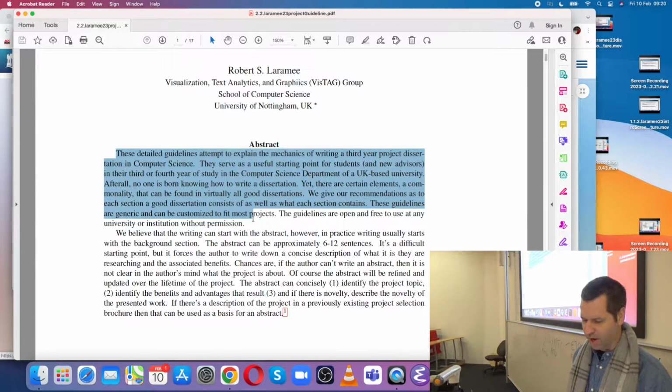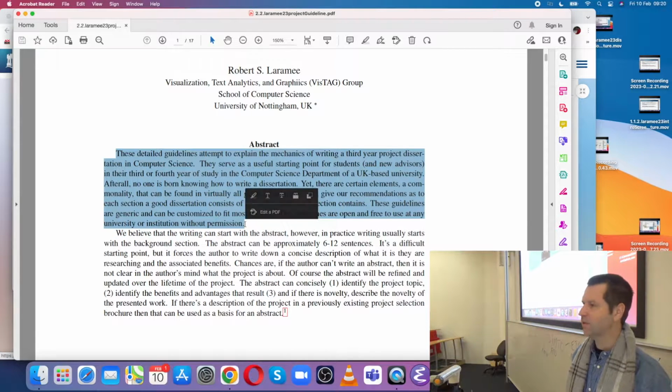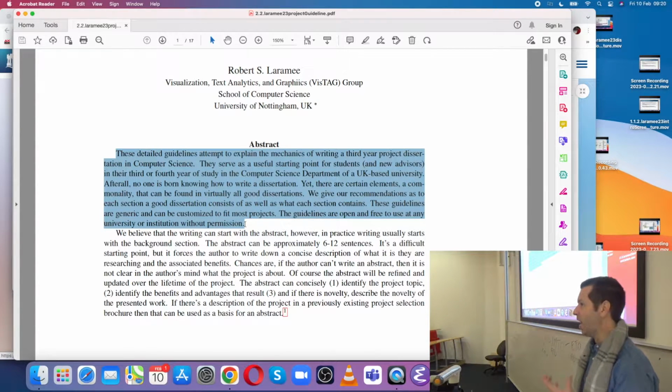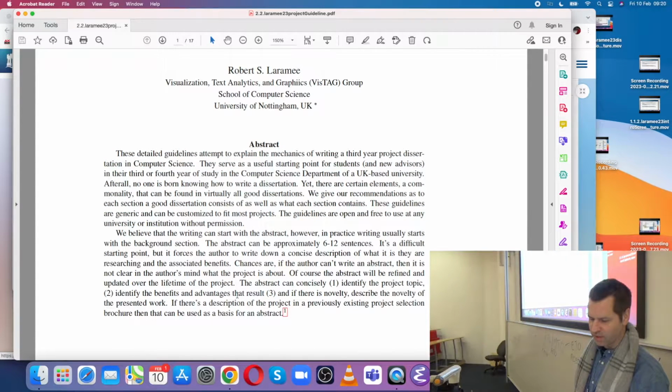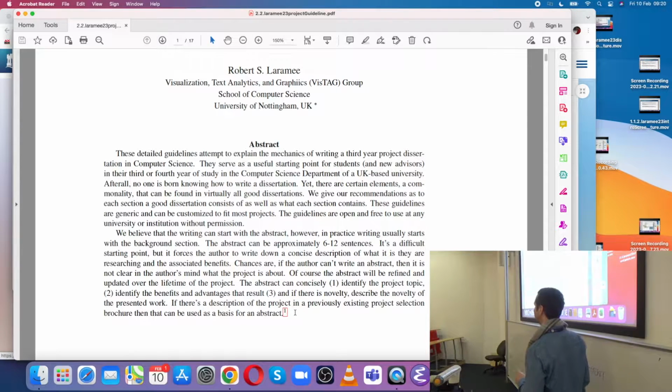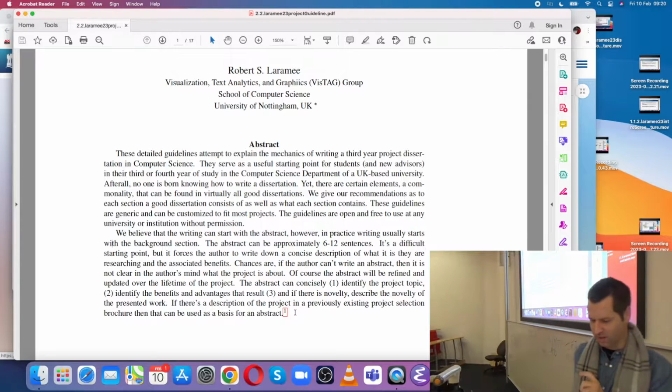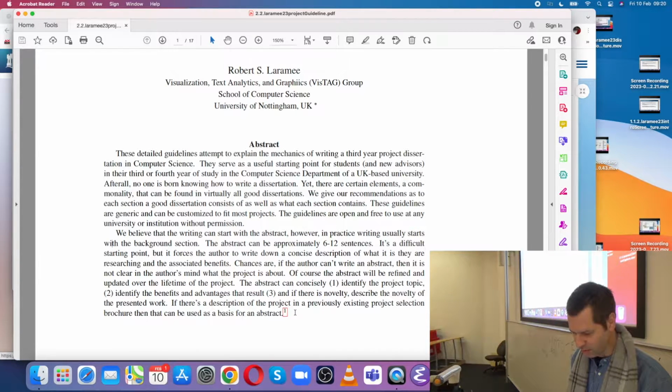This is an abstract for the document, right? So that's an actual abstract. But then it also says how to write an abstract at the second paragraph. So the first paragraph is an abstract, and then the second paragraph is how to write an abstract, right?